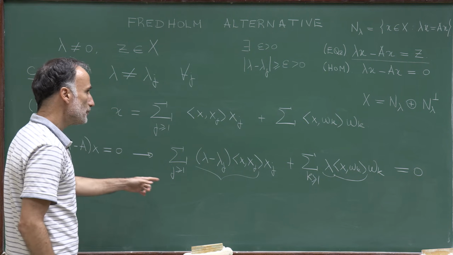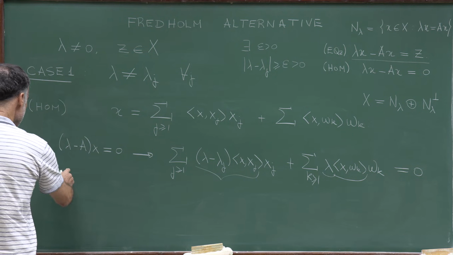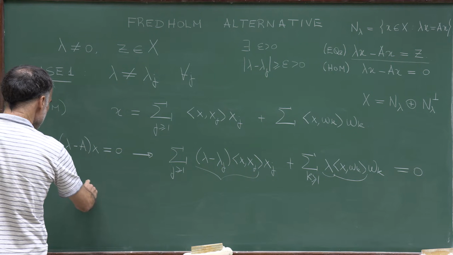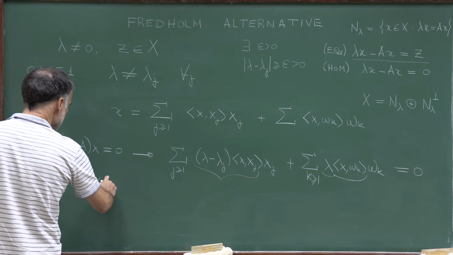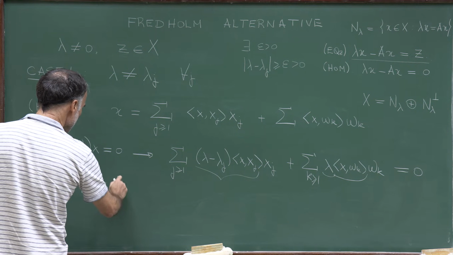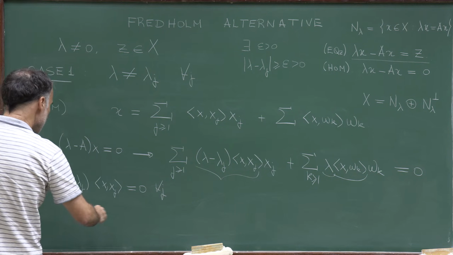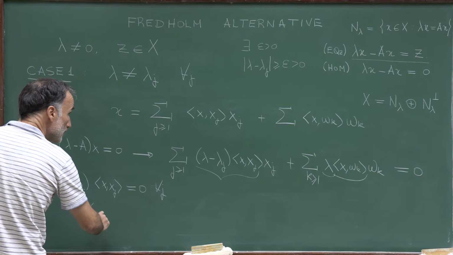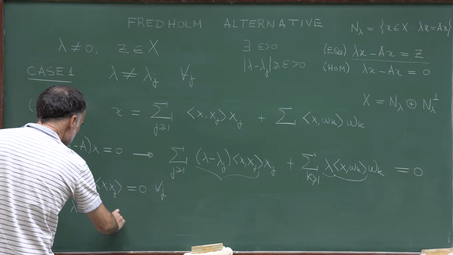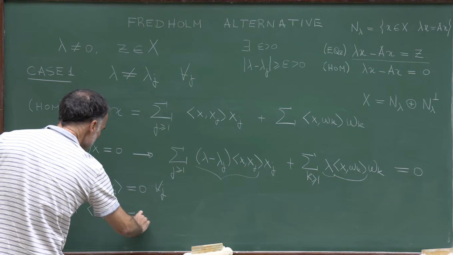So from this identity, we deduce that (λ − λ_j)(x, x_j) is equal to 0 for all j, and that λ(x, w_k) is equal to 0 for all k.